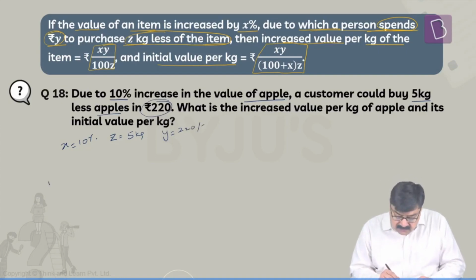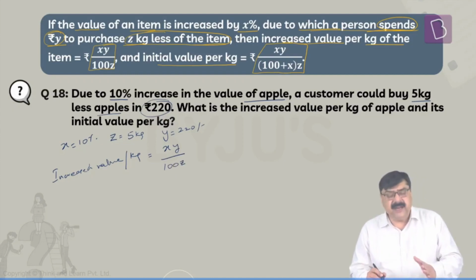So simply put these values into the formulas that are given here. So increased value per kg is xy by 100z. This will make it very simple.